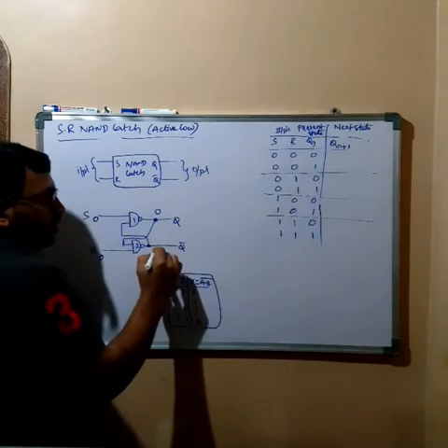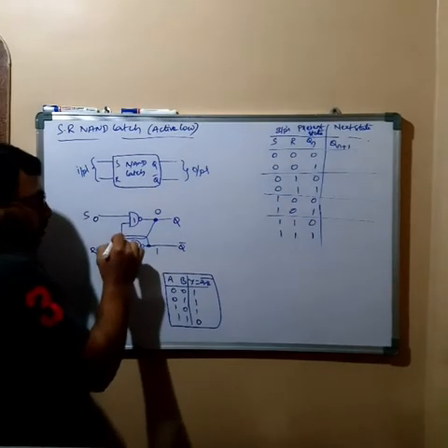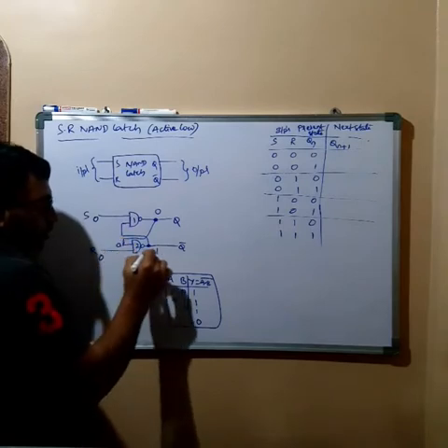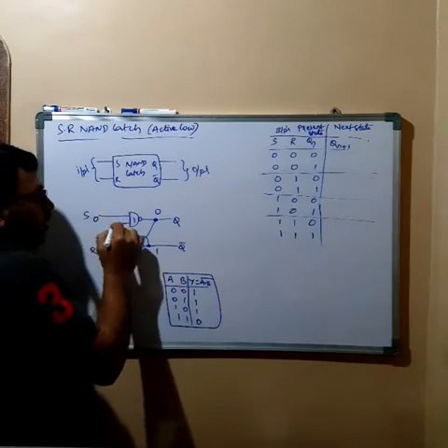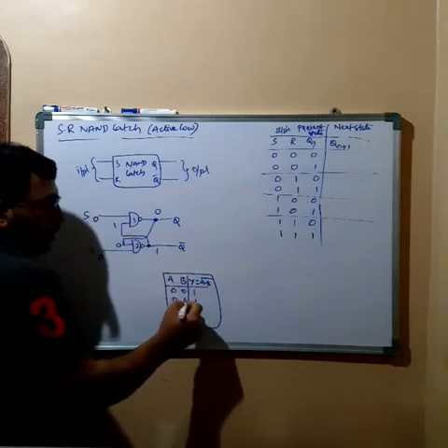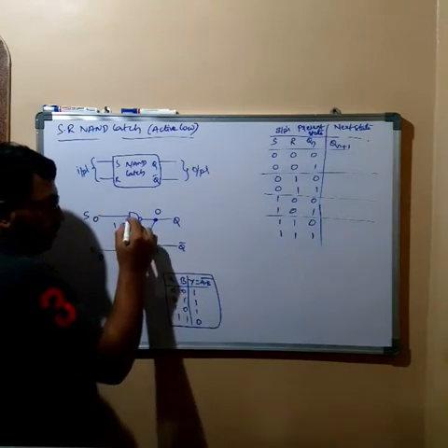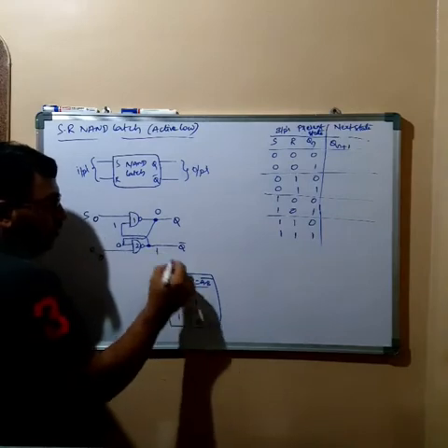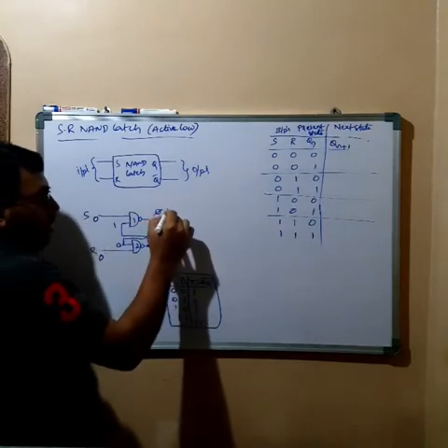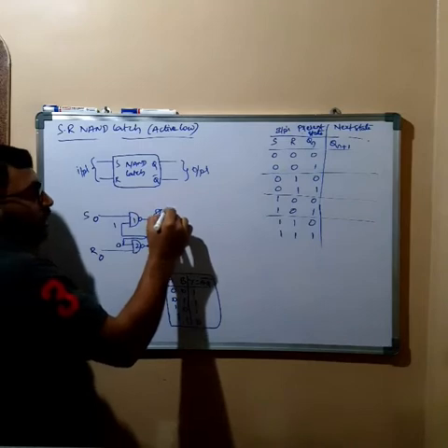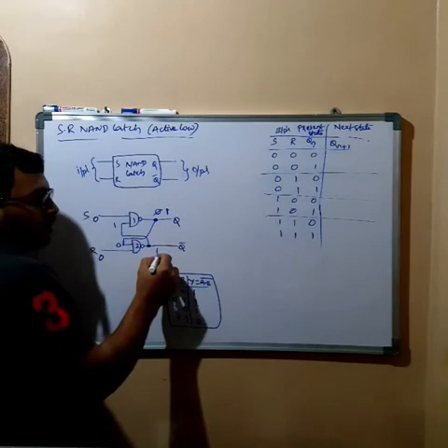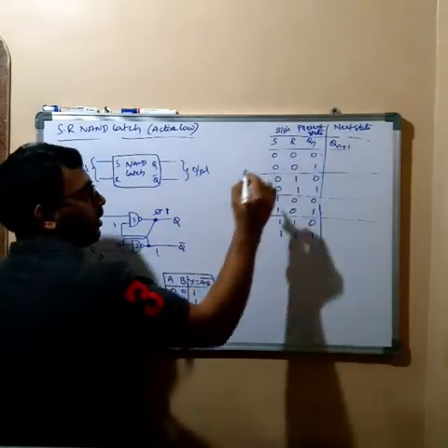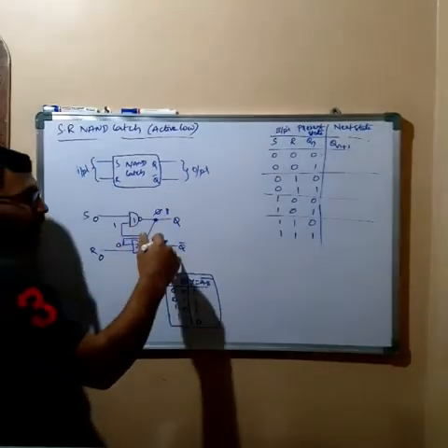The complement of this is 1. This 0 appears here, 0 0 will be 1, and 1 appears here, 0 1 will be 1. If you apply inputs 0 1 to the NAND gate, the output is 1. But the complement of this should actually be 0, yet both are the same. This is invalid.